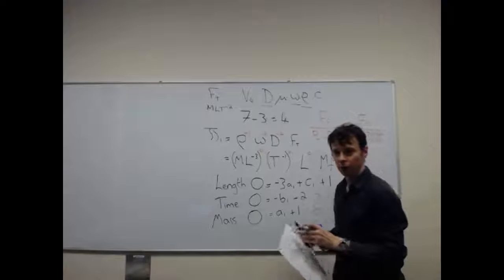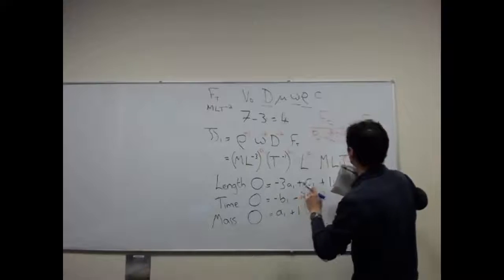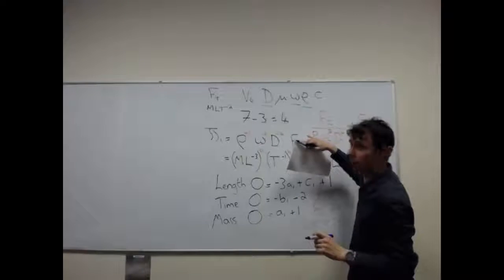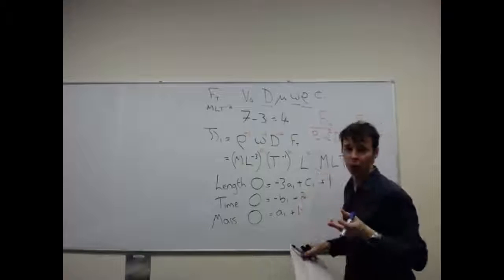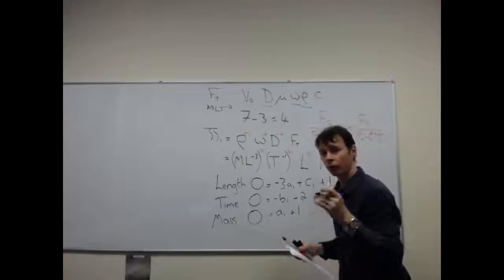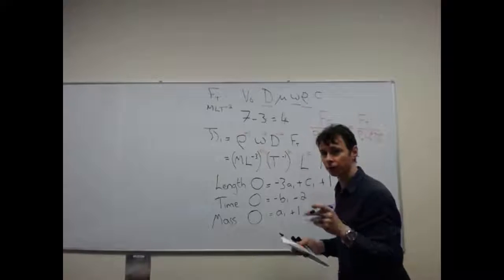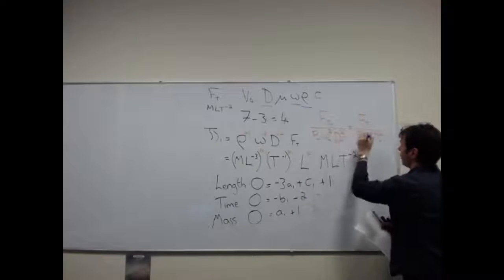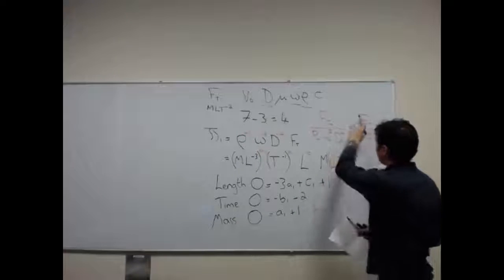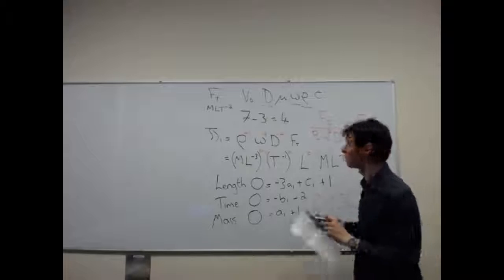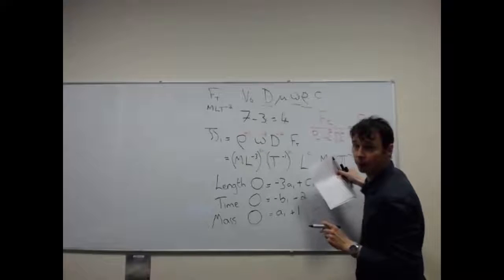I can't remember the question off the top of my head, but you're asked to find one of these forces, either the model or the prototype. If you look at the question, you're given every other variable apart from one of these two, which is your unknown. So you can basically just rearrange.